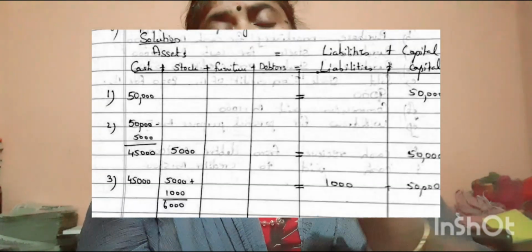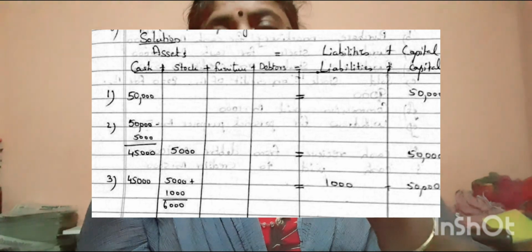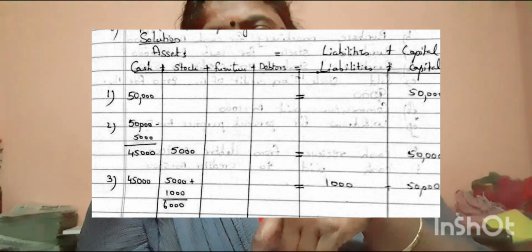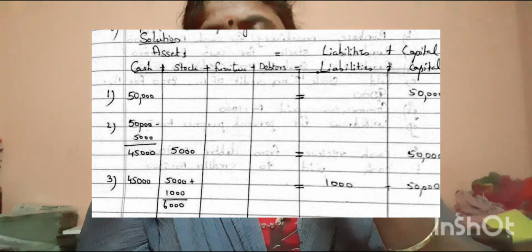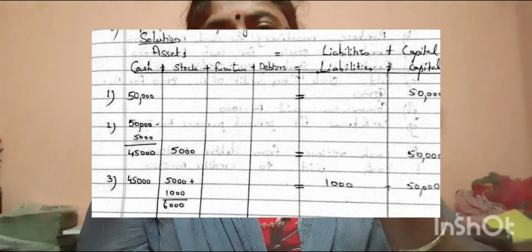Then another transaction is purchased goods on credit rupees 1,000. Purchased goods on credit means that it is not a cash transaction. So on credit basis we purchased the stock. Then stock will increase. Then we do not pay the cash, so it shows as a liability of the business. On the other side, that is liability plus capital, liability will increase.